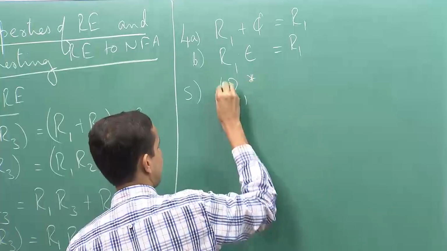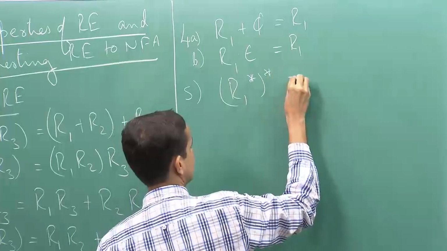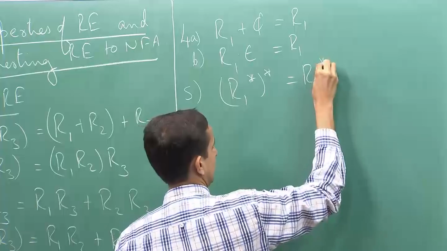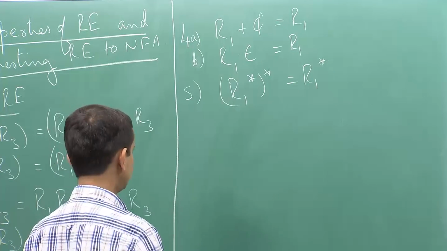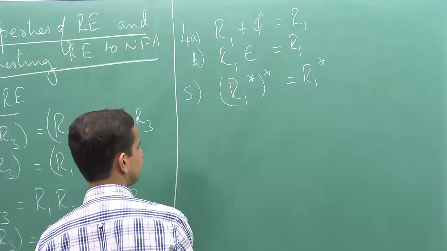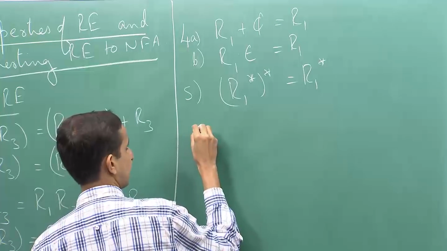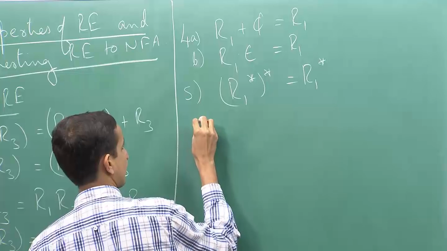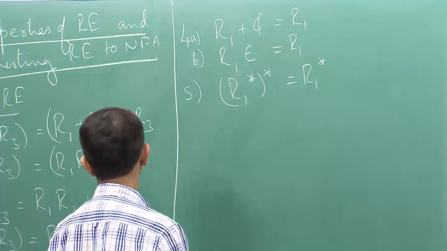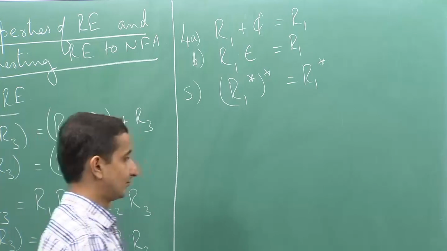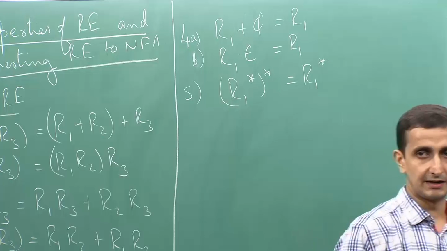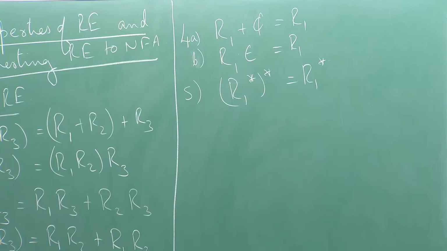(R1 star) whole star is R1 star. So, these are some of the basic identities involving regular expressions that we frequently use.